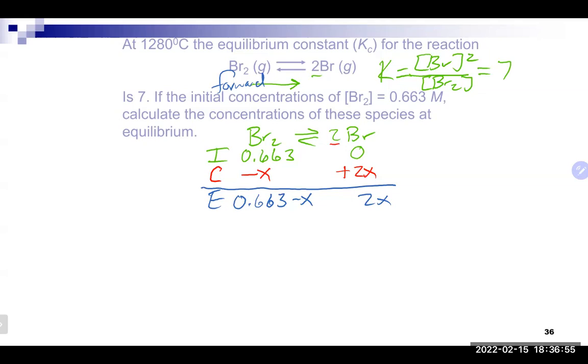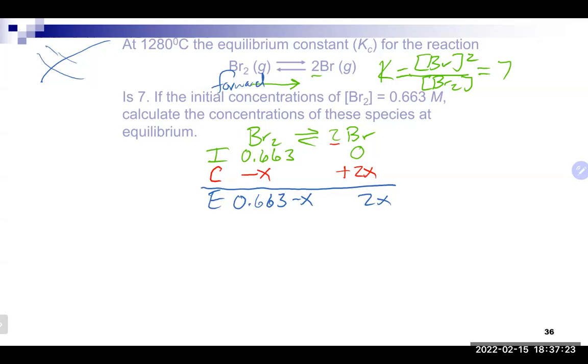If you remember early on, we saw a curve where at the start it was all reactants, and they went down, and then we had no products, and then the products started going up. And that's basically what's happening here. Because we're assuming the reaction is going to the product side, we need to be increasing products because we're making them. But in order to do that, you have to use up the reactants. And that's why the reactants in this case are negative or minus, because we're losing them and we're making more products, and that's why they're positive.